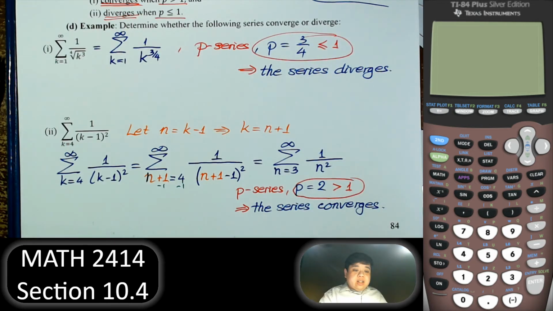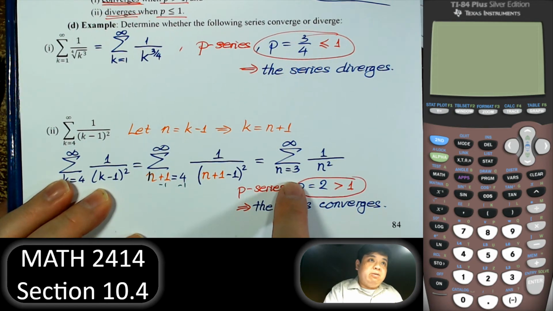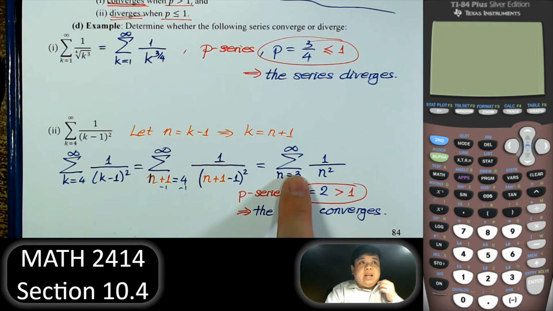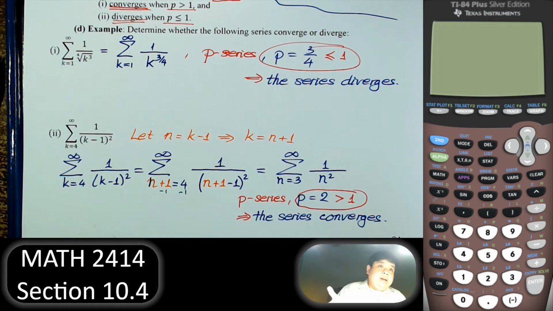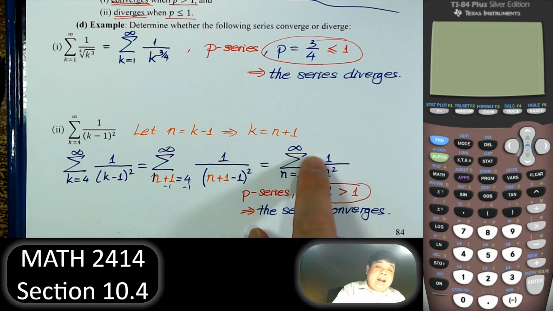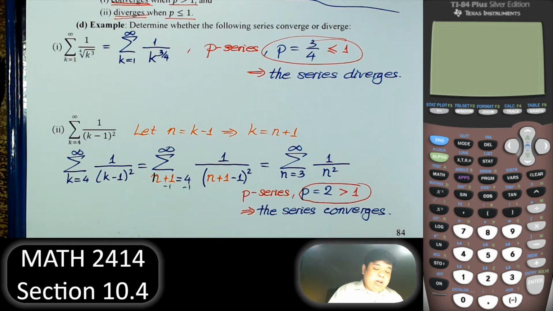So what we did is we removed a few terms in front of this. We start from n equal to 3 instead of n equal to 1. But it doesn't matter. What matters is when it goes to infinity and in the right form, the P series is bigger than 1, converges, less than 1, diverges.